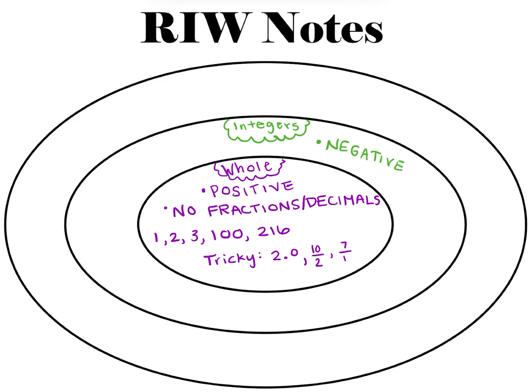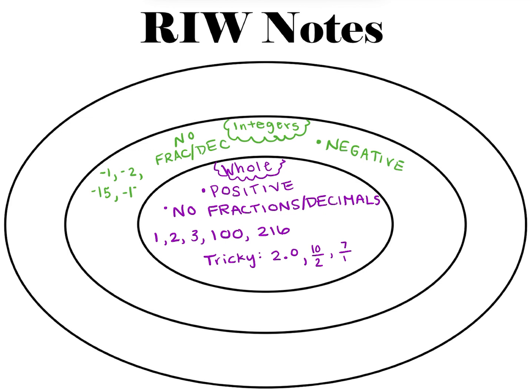You can still have no fractions or decimals though. No fractions or decimals. So these are all of our negative whole numbers. So -1, -2, -3, -4, -15, okay? Anything that is negative, no fractions or decimals.